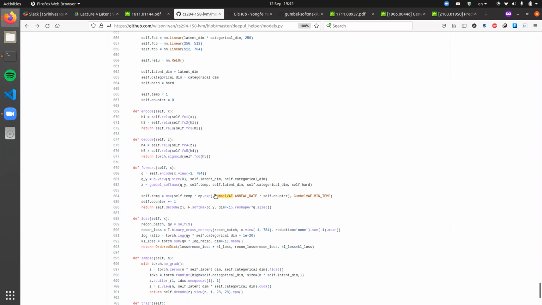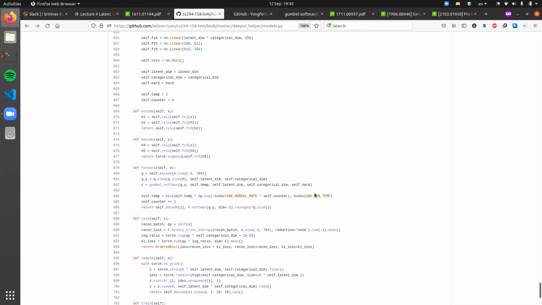So probably in the beginning of training, we have a higher temperature, therefore a smoother distribution, and the gradients are backpropagating to all the values we sample from.